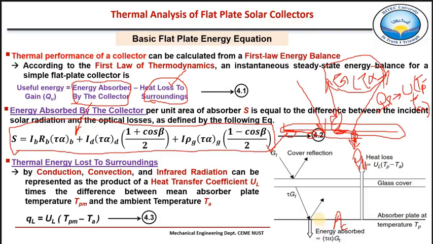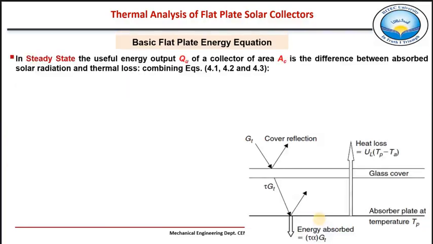So we can write this equation 4.1 in terms of mathematical symbols. So that is the QU, useful energy gain, is equal to absorbed minus loss, and this absorbed and heat loss is occurring from the same area AC. So AC is common to both of these terms, right?